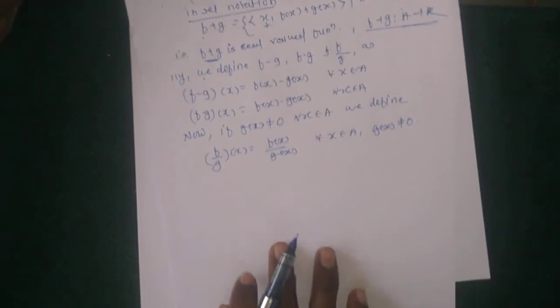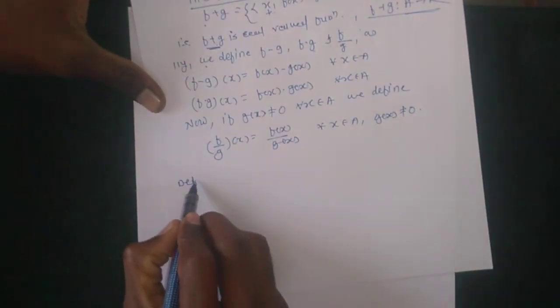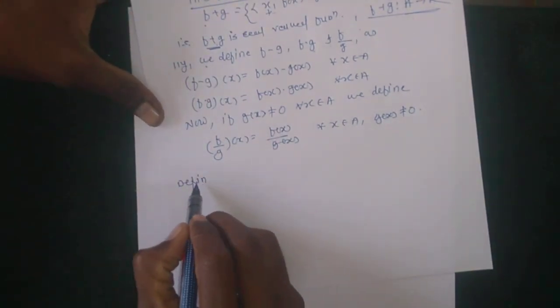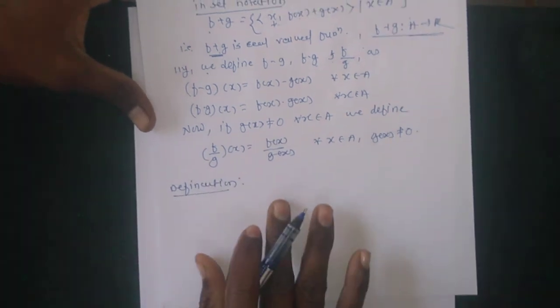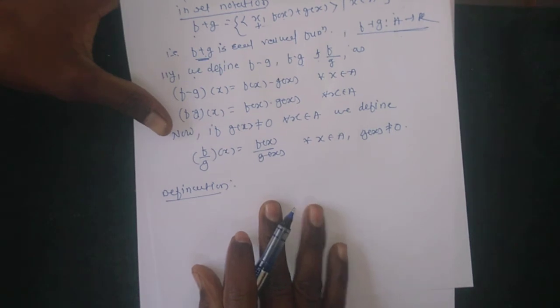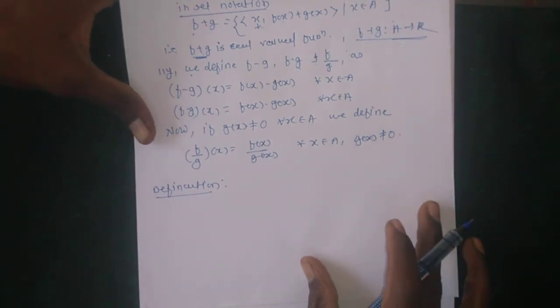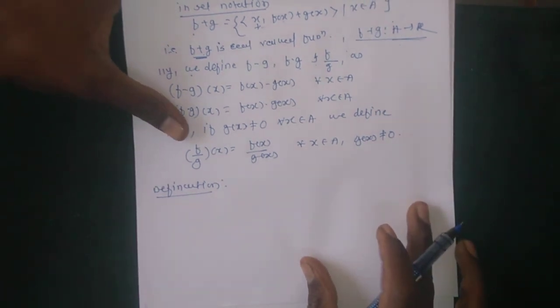Then the next definition is the scalar valued function.